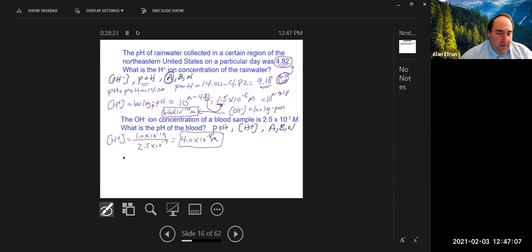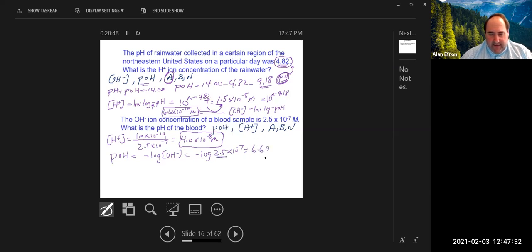We also have the OH minus given to us, which means we could directly calculate the pOH, which would be minus the log of the OH minus concentration. And that would be minus the log of 2.5 times 10 to the minus 7. And that's going to give us a 6.60.